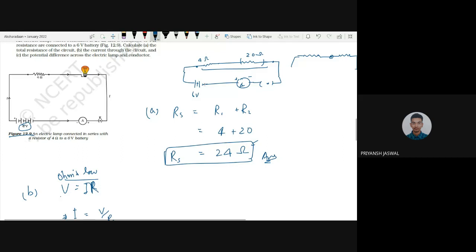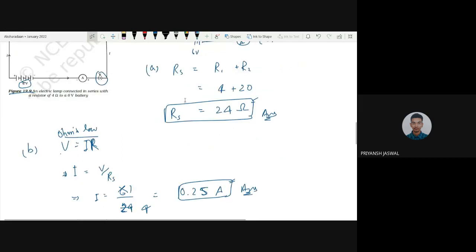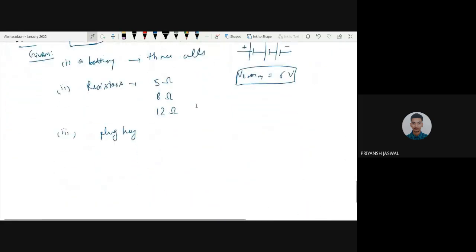This one. The resistor symbol is this, fixed resistor symbol. Plug key symbol is this for the open circuit, and this one is with the plug inside. It is a closed key, you can say, or closed circuit, and open key.